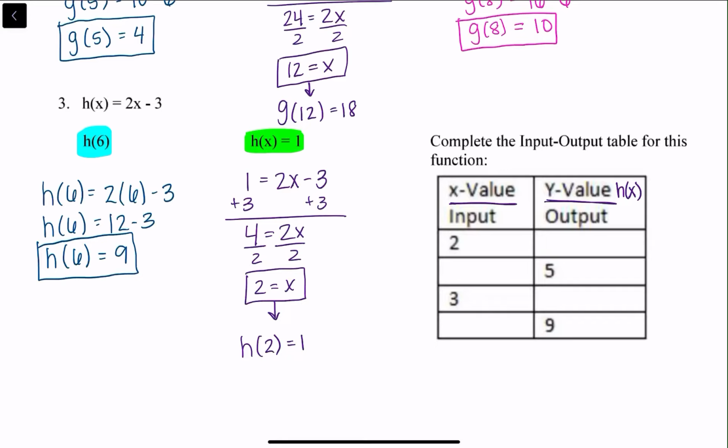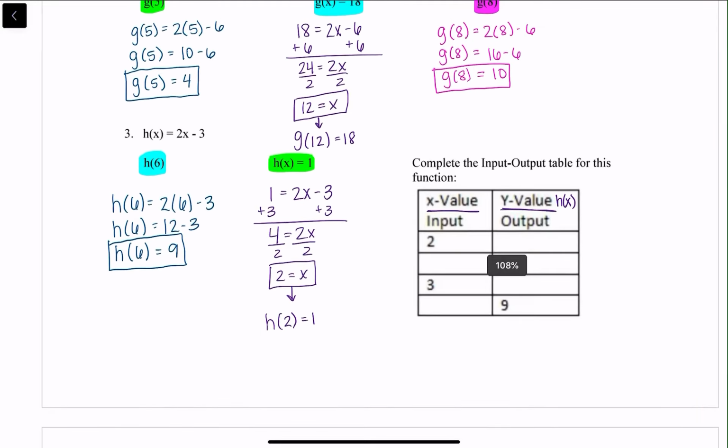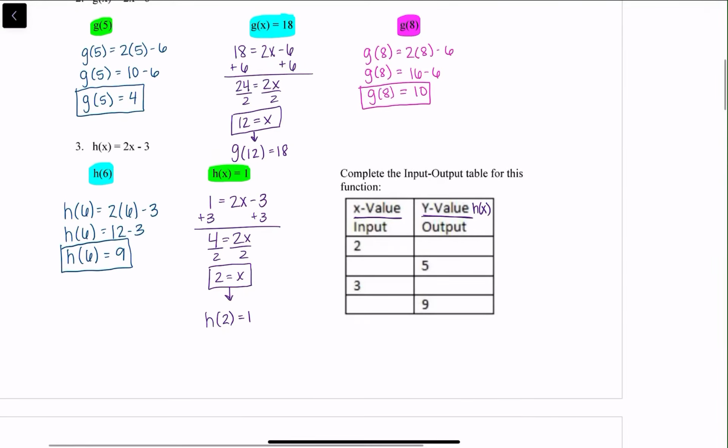So my first part is h of x equals 2x minus 3. My first input is 2. So I have h of 2 equals 2 times 2 minus 3. 2 times 2 is 4. 4 minus 3 is 1. So h of 2 equals 1.